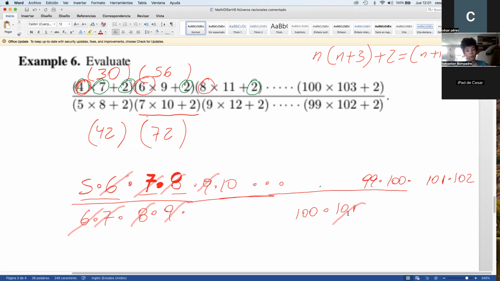But if we check this, these numbers are of the form 2x plus 2. And this is 2x plus 3. Okay.